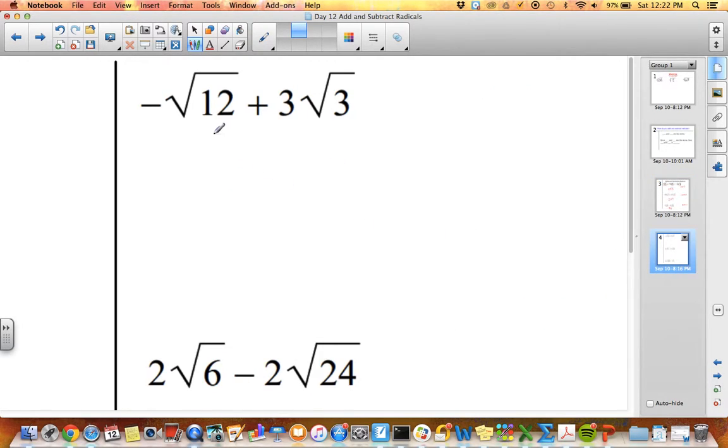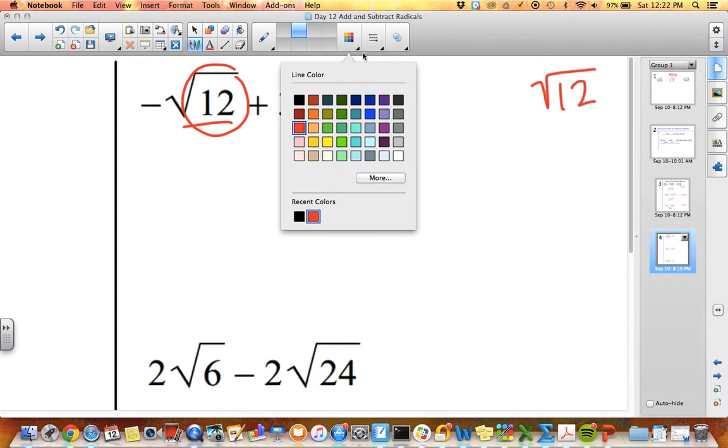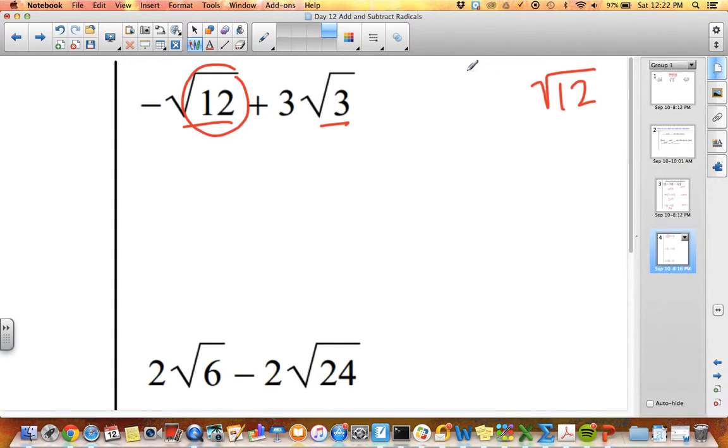Now, if our radicals are not identical, so here I have the square root of 12 and the square root of 3, they are not the same, so I'm going to have to simplify this guy. Over here, I'm going to do the square root of 12. Remember, we list out the factors. 12 is 2 times 6 and 4 times 3.